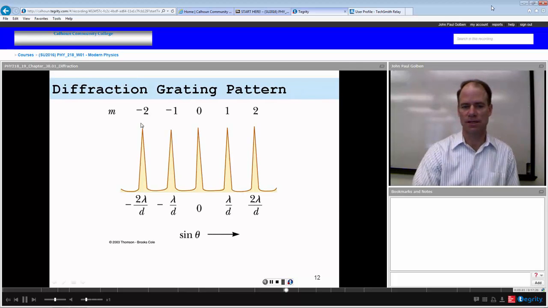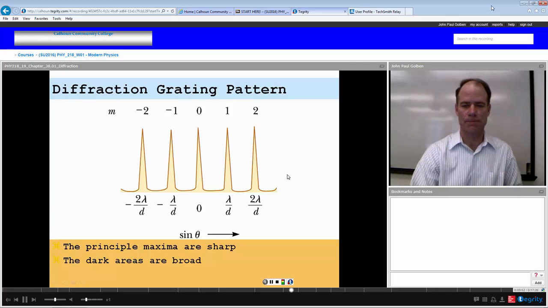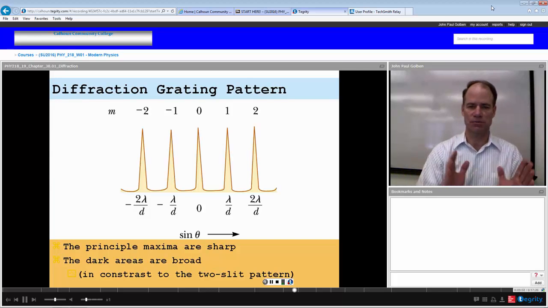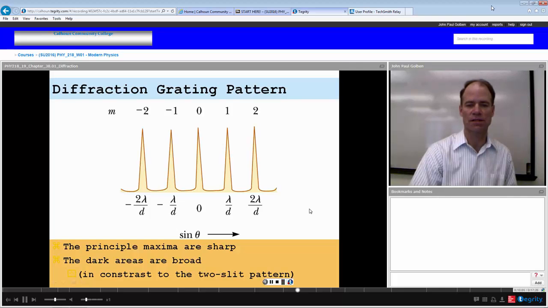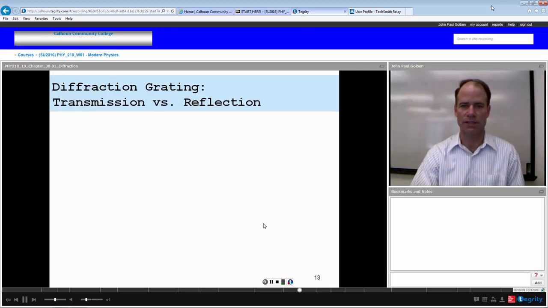It looks something like this, so that at every particular spacing of lambda over d, we'll get a nice interference peak separated by our broad minima. And hence we could use this result to measure the distance between those peaks and discern what the wavelength of the light is, if we knew what the grating spacing was.